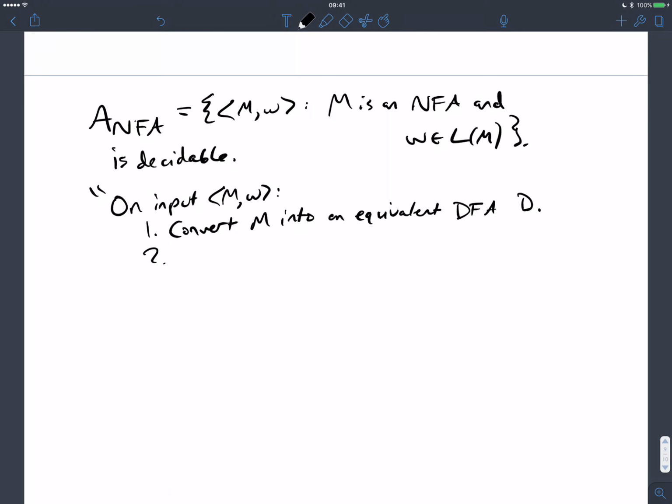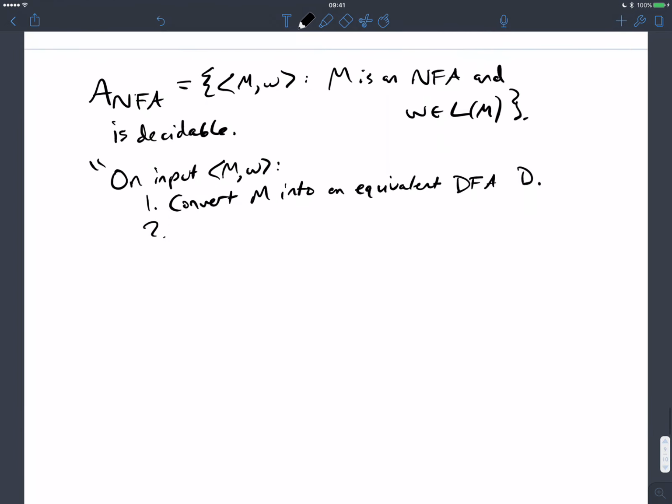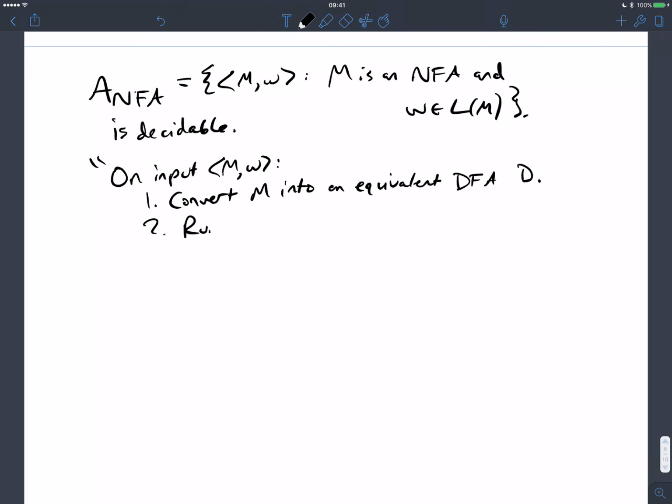A previous problem. So how about I run a DFA on it? I'm going to write something down, and it's not going to be right. I'm going to write down run a DFA on, well, it's got to be given a machine and an input. So D and W are my inputs. But this is not correct. It's what I want to happen, but it's syntactically not correct.